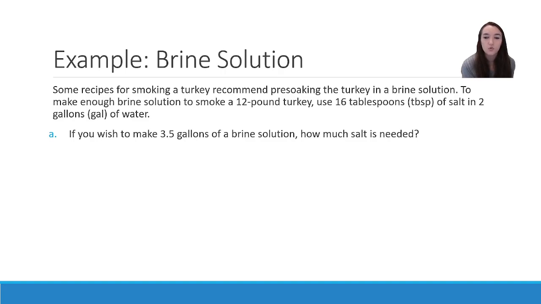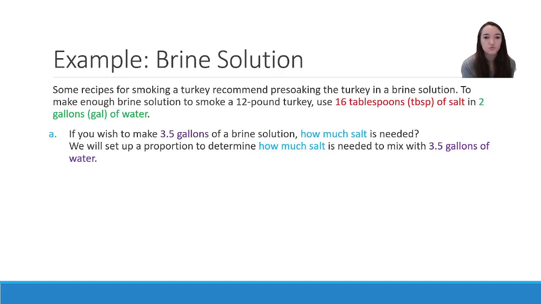Okay, so what we're going to do here is what is called a proportion. We'll set up a proportion to determine how much salt is needed to mix with 3.5 gallons of water. To set up a proportion, we create ratios using information that we know versus information that we need.